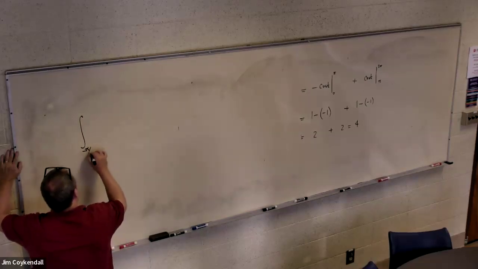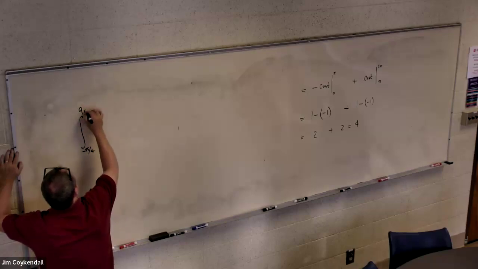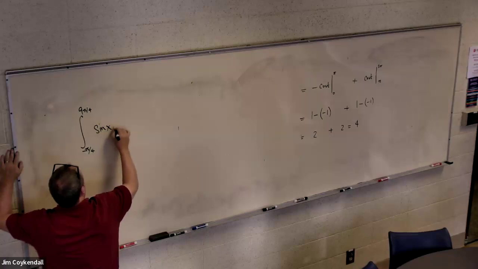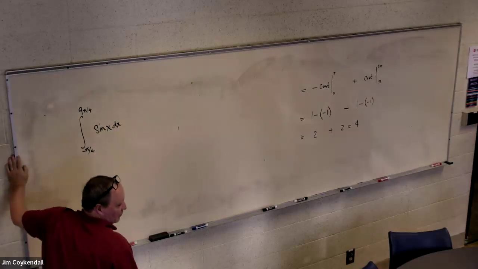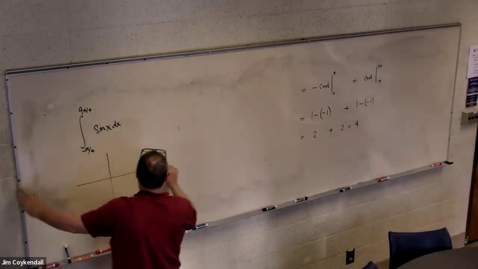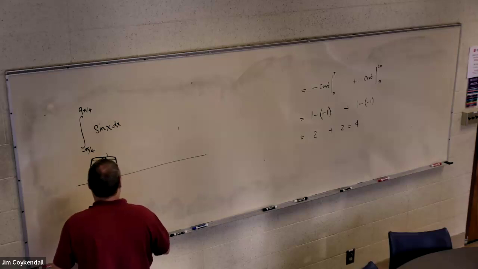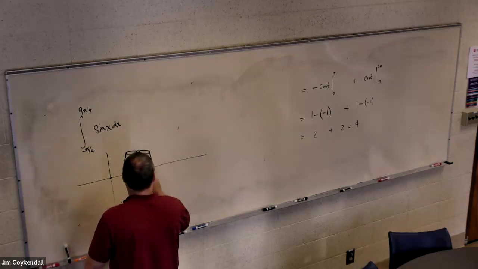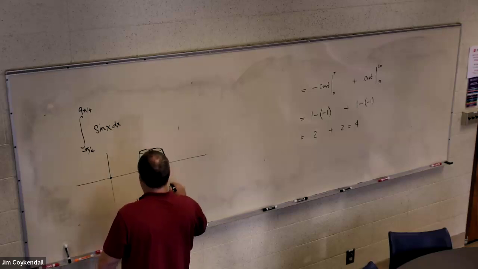But I asked you this before you had the fundamental theorem of calculus. This is a good example of where I might break it up first. What does this look like? So that's pi, and that's 2 pi.